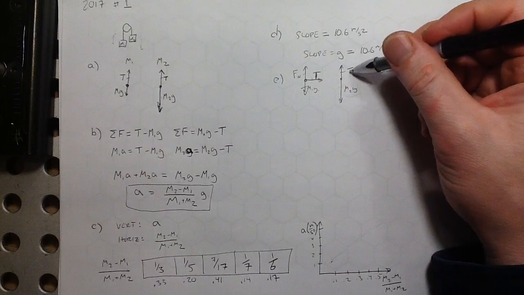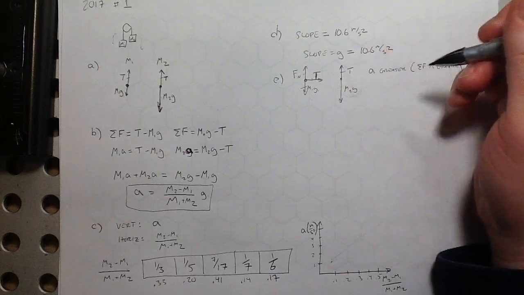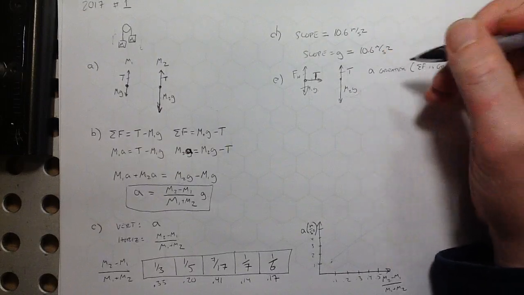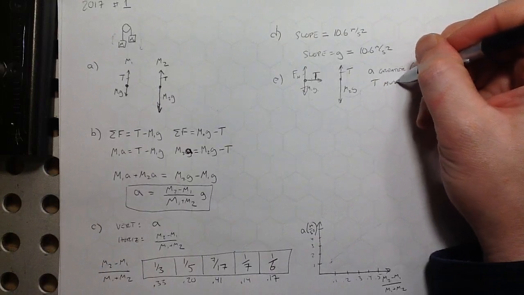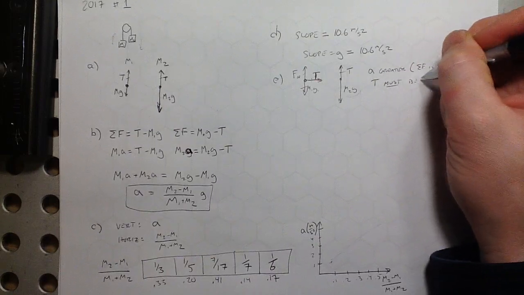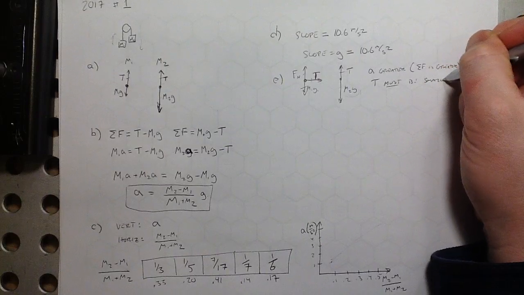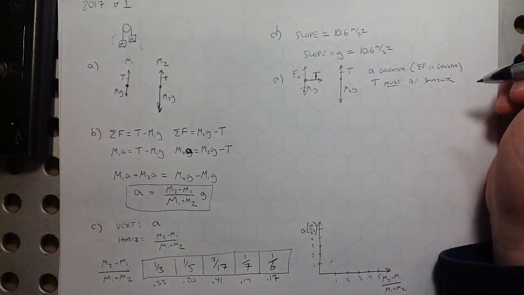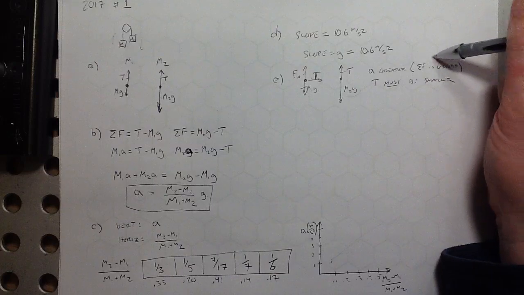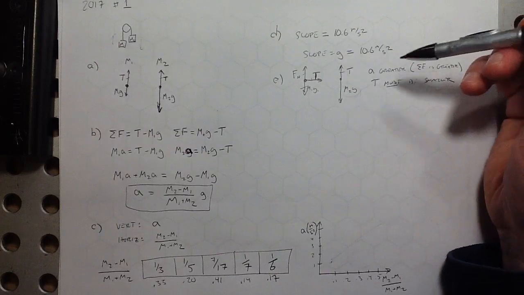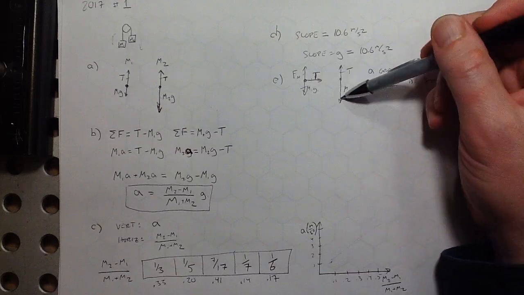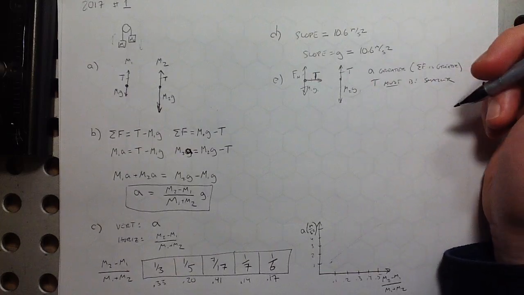And that means that the difference between these must be greater. So tension must be smaller. That's the correct answer. If the net force is greater, well, this is the same. They said for the same values of M1 and M2. So if the net force is greater, then that has to be less.